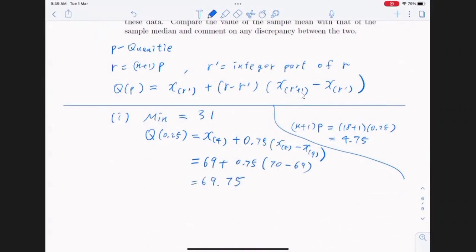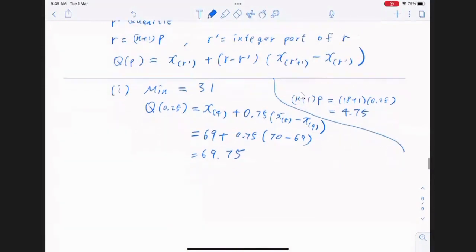So this is how we compute a particular quantile. And in the 5-number summary, the second number is the 0.25 quantile. And the next one is the median. The median is also the same as the 0.5 quantile.